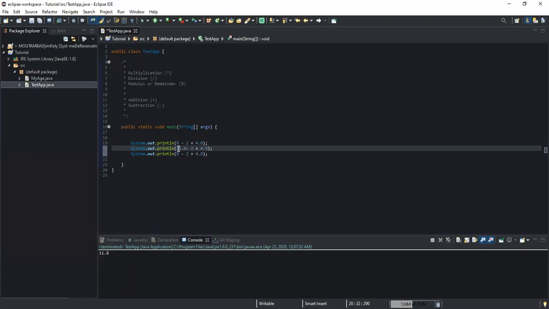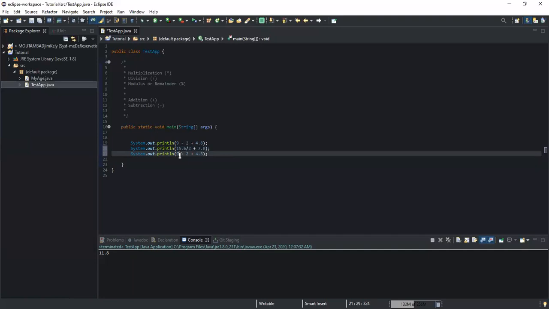Here is just an example that I want to add: 15 divided by 2 plus 9 times 2 divided by 4.1.